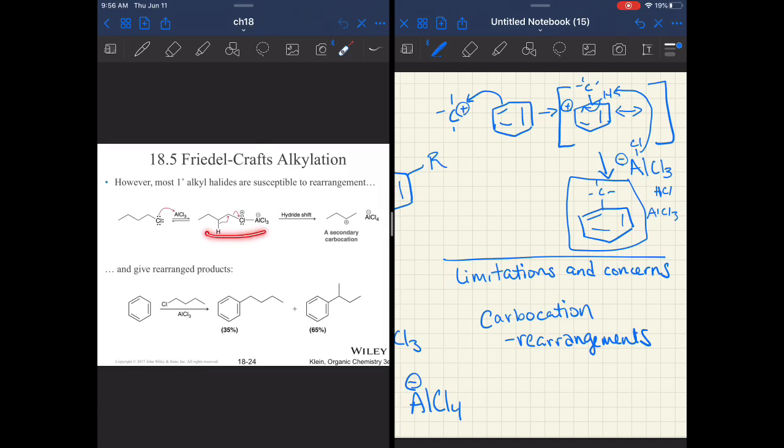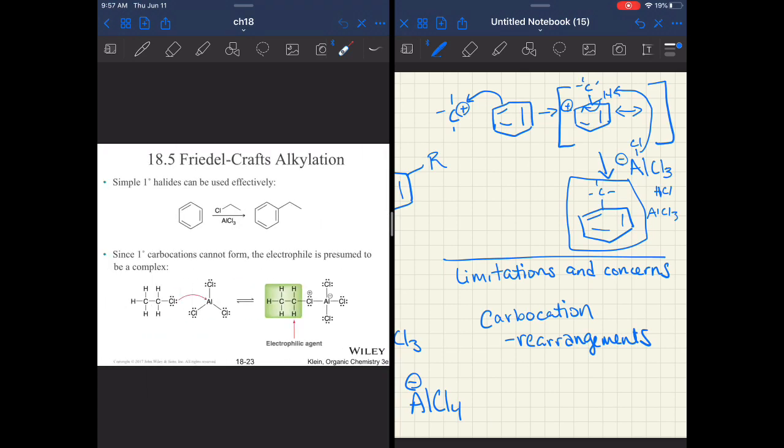Now, in this case, it's a concerted mechanism, but you could show it in two pieces if you wanted. This right here is going to be so much more stable than if the plus charge was on the primary position. So it's very hard to add longer straight pieces onto a benzene ring. They are often going to rearrange and your major product would be branched.